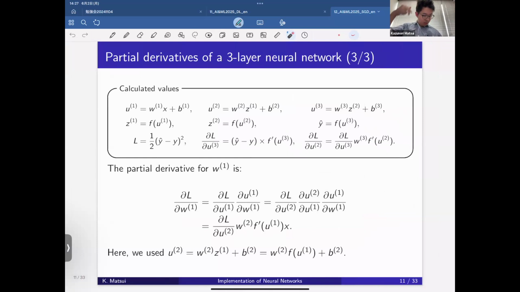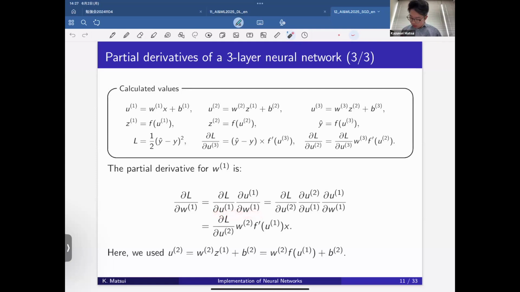Next, what happens to the partial derivative with respect to W1? Just like before, if we put U1 in between, it can be written as dL dW1 equals dL dU1 times dU1 dW1.